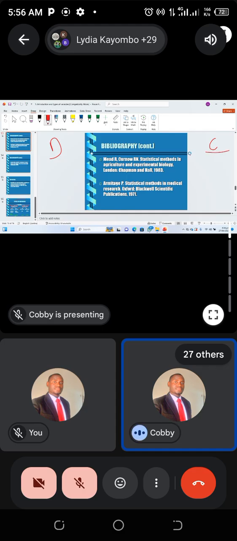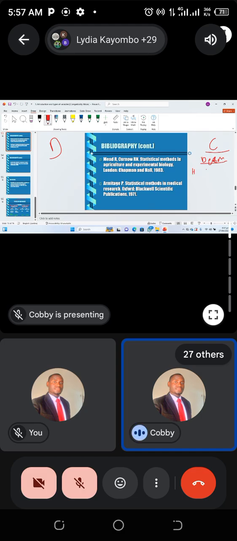A continuous variable is a variable that can be in decimal places. Writing is sometimes difficult, so I'll just write shortcuts. Any variable that can be in decimal, for instance height.